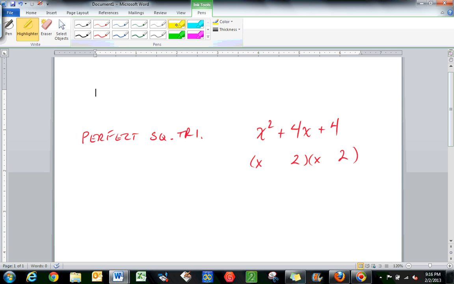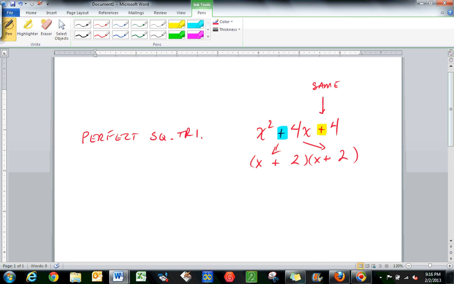Something you should know by now is that this sign tells me the two signs are the same, and the interior sign tells me what those signs should be.